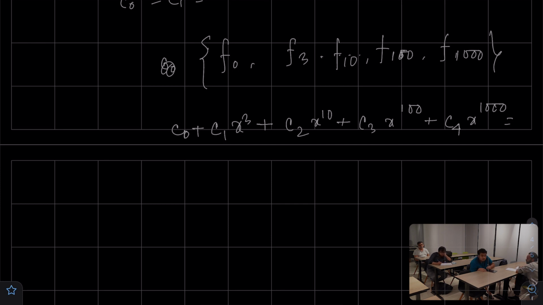How many solutions does this polynomial equation have? Maximum 1000. But if I set this equal to 0, that means it holds for arbitrary x, and this is only possible if these numbers C0, C1, C2, C3, C4 are all 0. Okay?